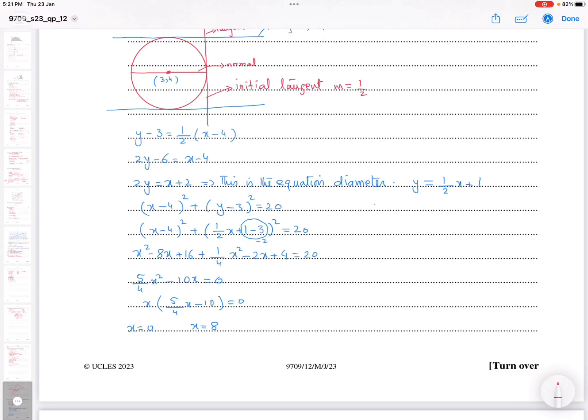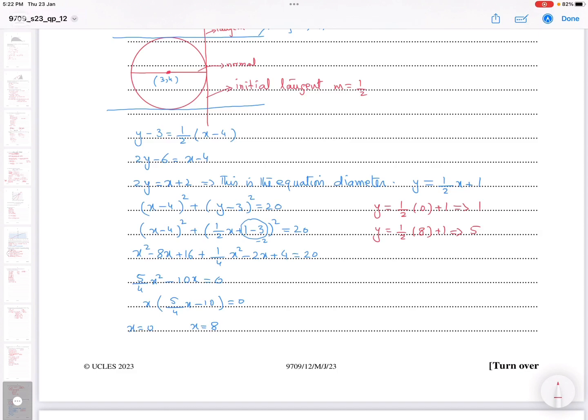Now put in the straight line equation y equals 1 over 2x plus 1. First you put 0 and you will get y equals 1. Other, you put 8 in the same equation in x and you will get 5.